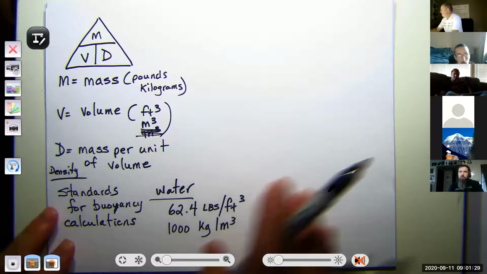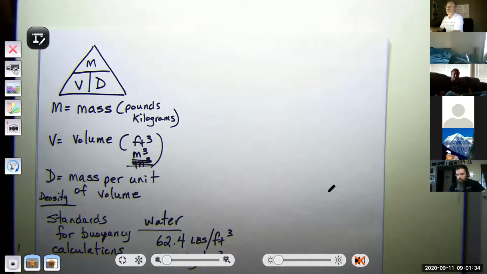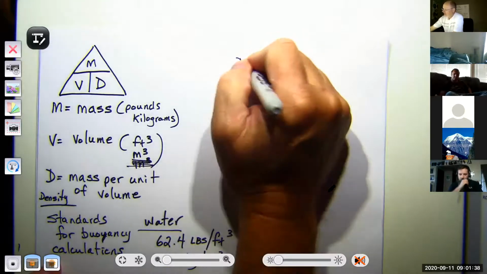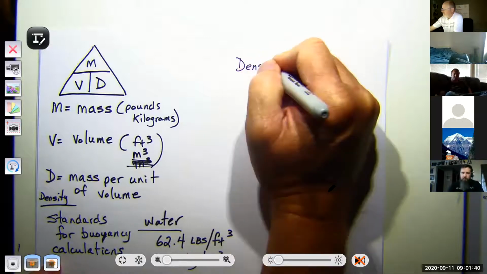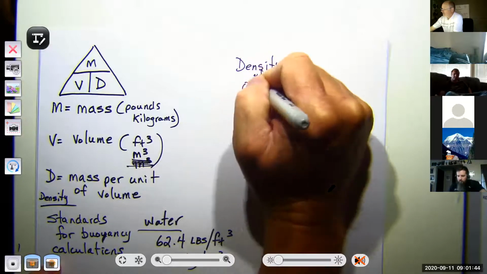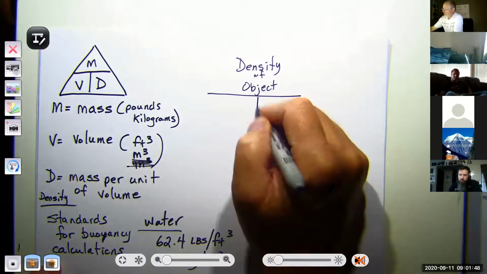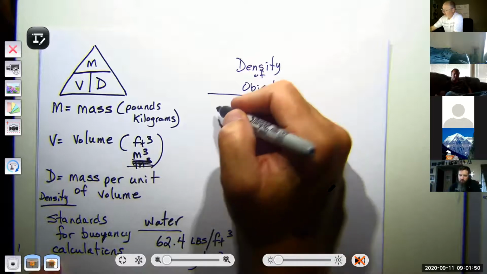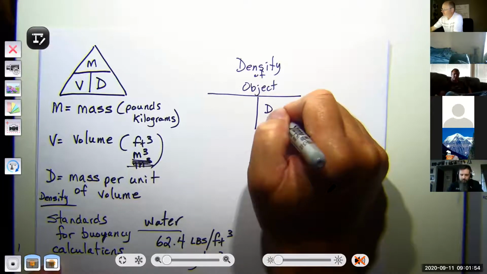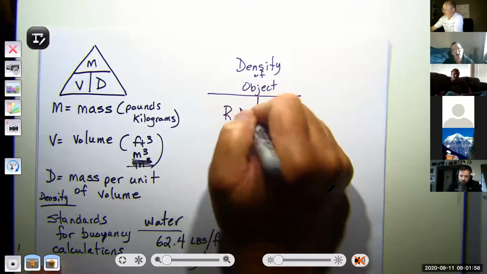Now if we take this next one here, we have the density of the object, and if we take the density of water, that would give us the relative density.